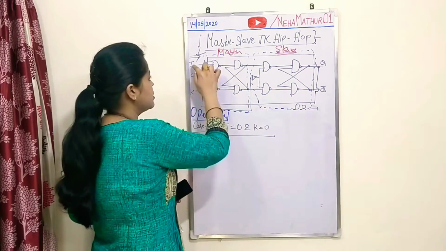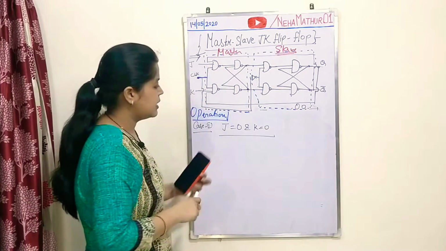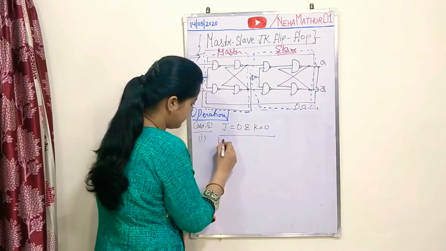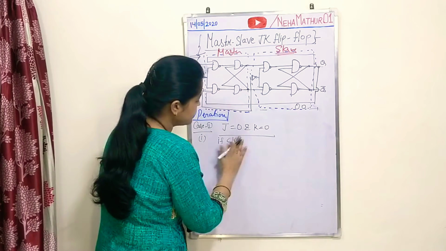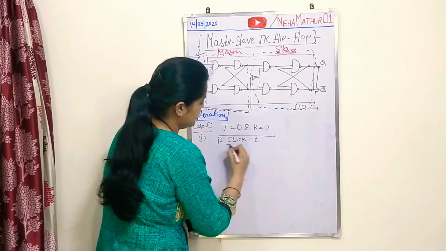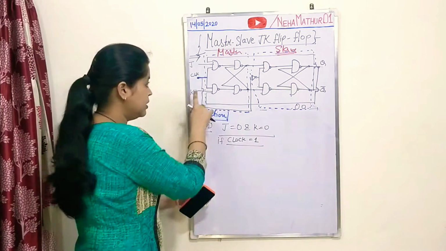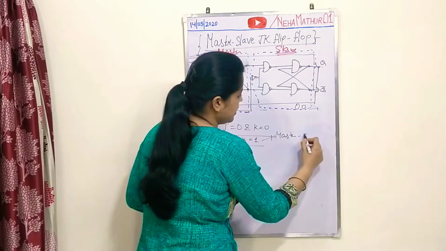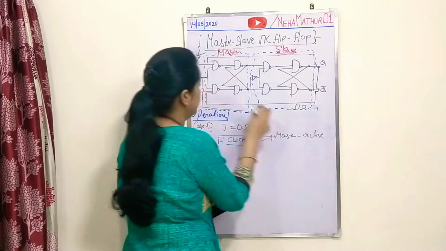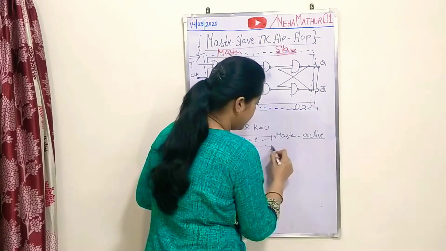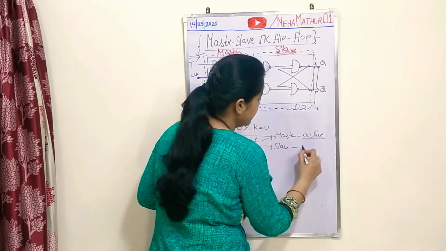If initially your J and K are both set at 0, then the first point is, if your clock is 1, that means the master is in active state, while your slave will be inactive.